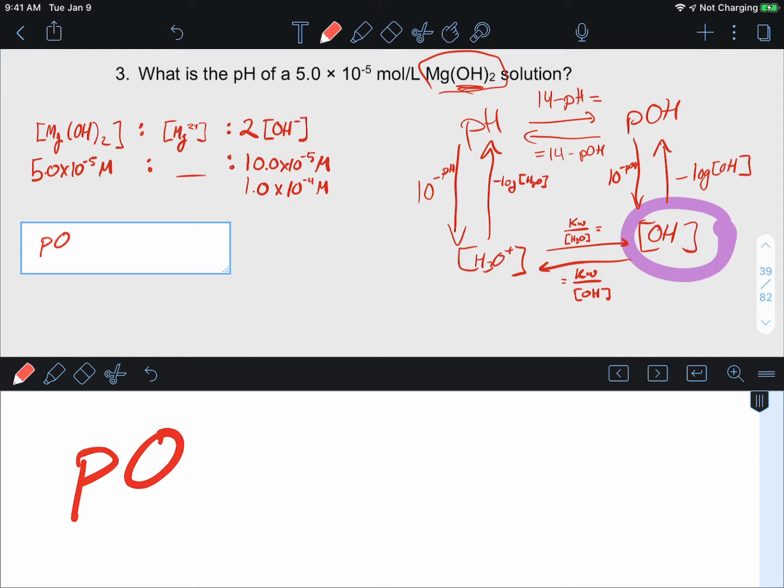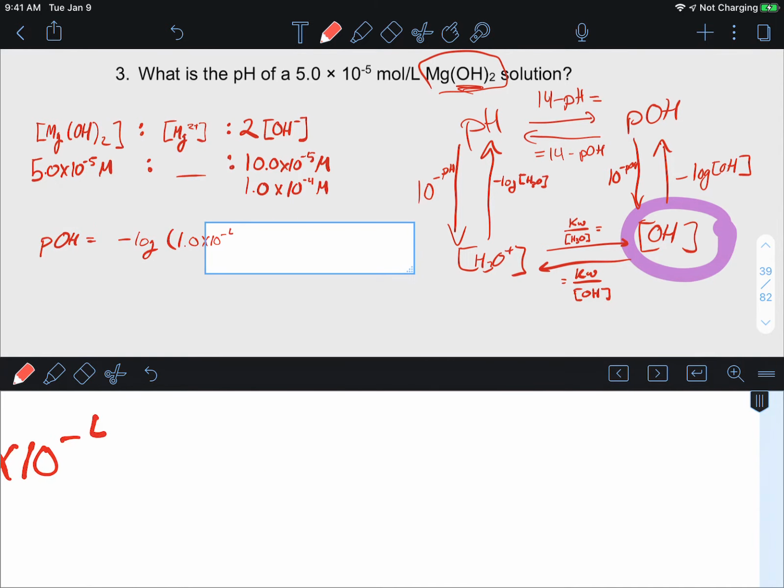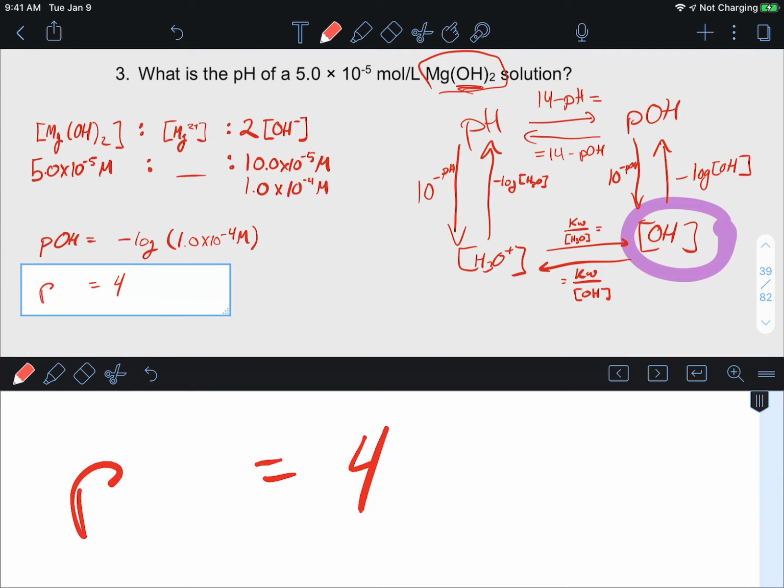So the pOH will be equal to the negative log of 1.0 times 10 to the negative 4 molar. And that's a great number to work with because I don't even have to pull out my calculator. I just know that this is all base 10, so I can just bring that 4 down and I have a pOH of 4.